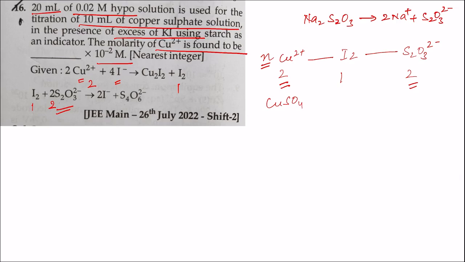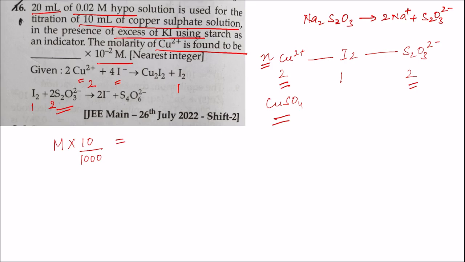What is the moles of copper sulfate? Moles of copper sulfate will be equal to molarity of copper sulfate, let it be M, multiplied by volume of copper sulfate in liters. It will be 10 divided by 1000 liter. And since moles of copper sulfate is same as moles of hypo, it can be written as molarity into volume of copper sulfate, that is moles of copper sulfate, is equal to moles of hypo.